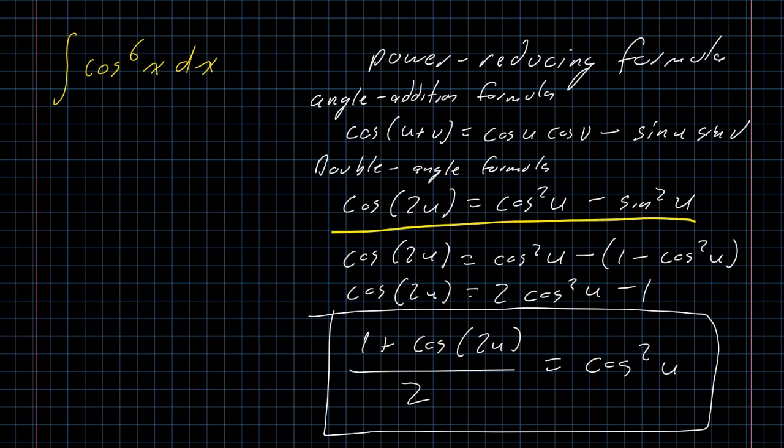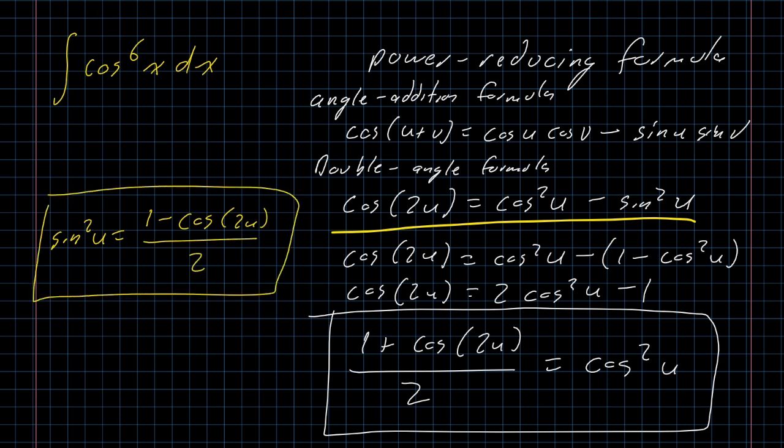I could have, instead, replaced cosine squared with the Pythagorean identity, and I would have ended up with the power-reducing formula for sine, which tells us that the sine squared of u is 1 minus the cosine of 2u all over 2. Those two formulas are absolutely necessary for the process of integrating expressions involving trig functions when all you have is even powers.